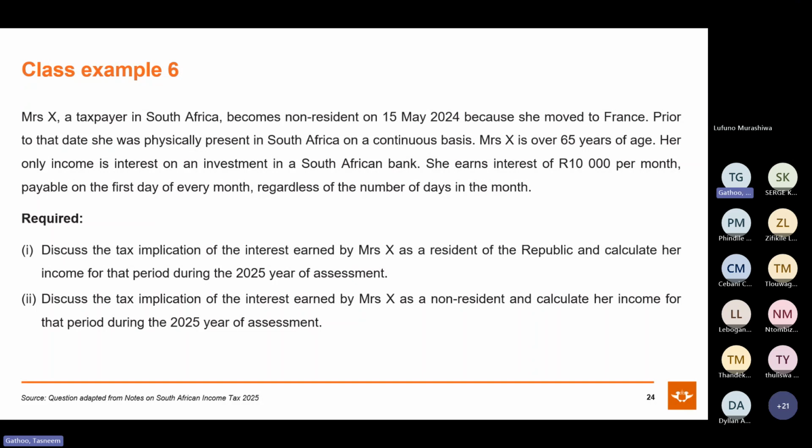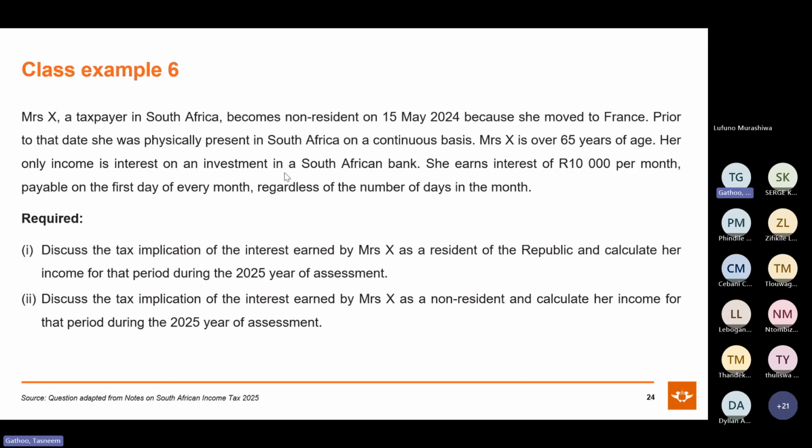Remember, this is interest that's from a South African source. Remember, a resident is taxed in South Africa on their worldwide income. A non-resident is taxed in South Africa on their South African sourced income.